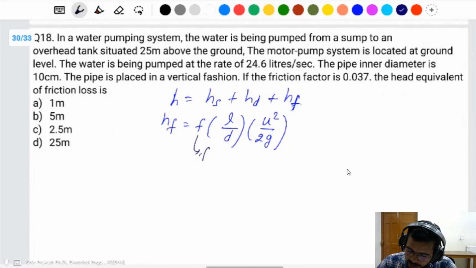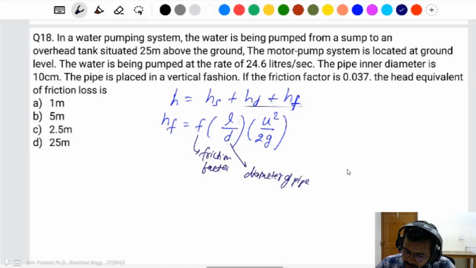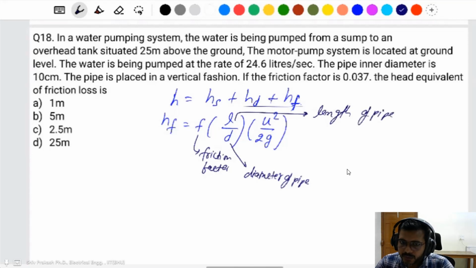This is the friction factor. Diameter of pipe. Length of pipe. Length and head are different things. Head is the suction head, discharge head, and friction head.